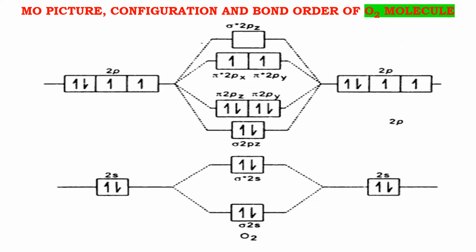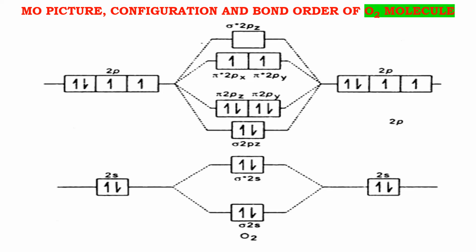Now we check the molecular orbital picture of oxygen molecule, O2. We know O2 molecule is formed by the combination of two oxygen atoms. Each oxygen atom has 8 electrons: 1s2, 2s2 and 2p4.